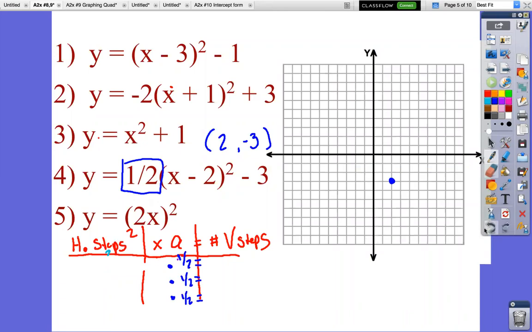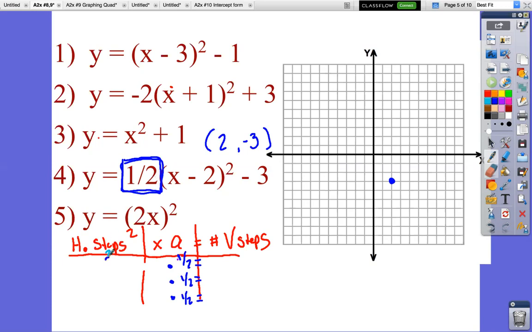Because 1 squared isn't divisible by, you can't divide in 1/2 and get a whole number. Exactly. If you ever have a fraction for your a value, use multiples of the denominator.